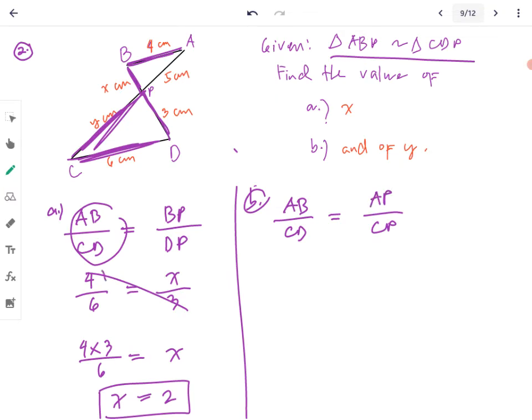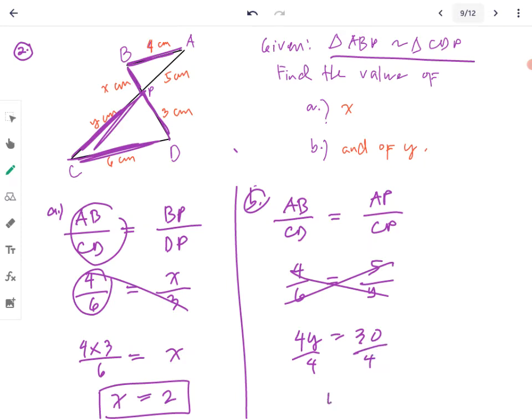So we can use again this ratio 4/6 to solve for our AP, which is 5, and CP, which is Y. And cross multiply, so we have 4Y equals 30, divided by 4. Y is actually 7.5.